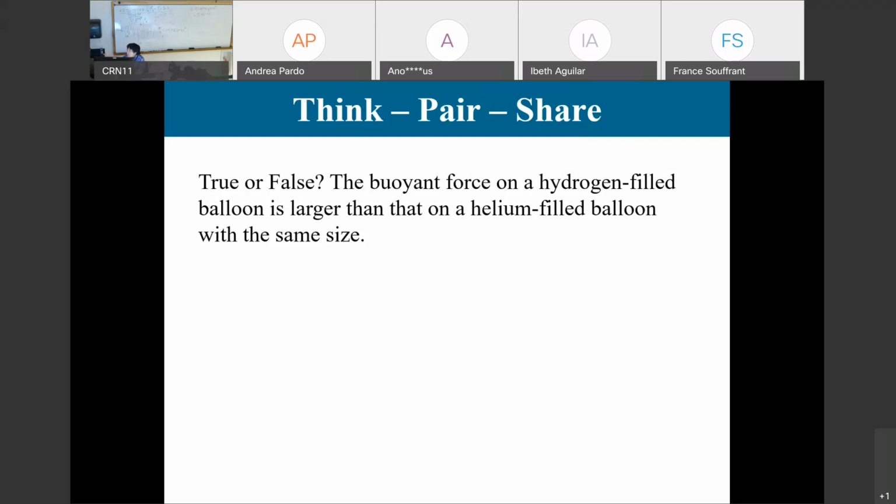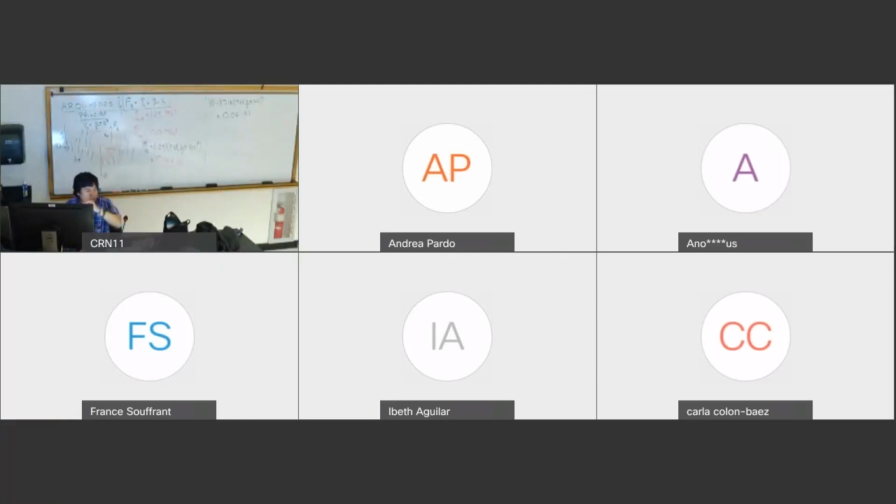Right? Let's suppose I'm holding helium here. It's not helium, of course, but let's maximize this. Let's suppose I have helium here and hydrogen here, right? The buoyancy is the same.